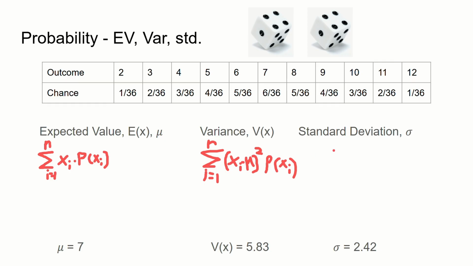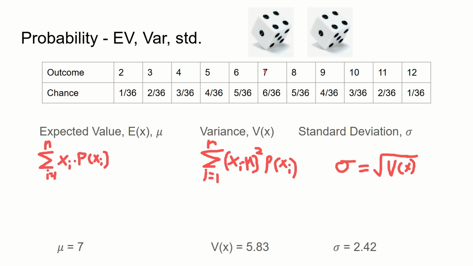And to calculate the standard deviation, it's just the square root of the variance. But while the variance just tells us the general spread, the standard deviation actually tells us how far away from the center things are likely to be.